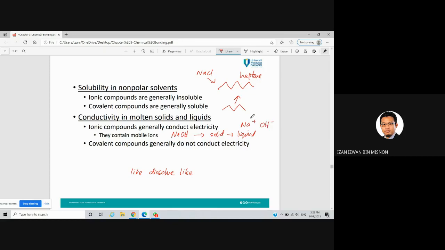So this ion formation will be electrically conductive. A covalent compound generally does not conduct electricity because there will be no free ions formed in the molten state. Molten means that it is heated at high temperature and turns, for example sodium hydroxide, from solid into liquid.